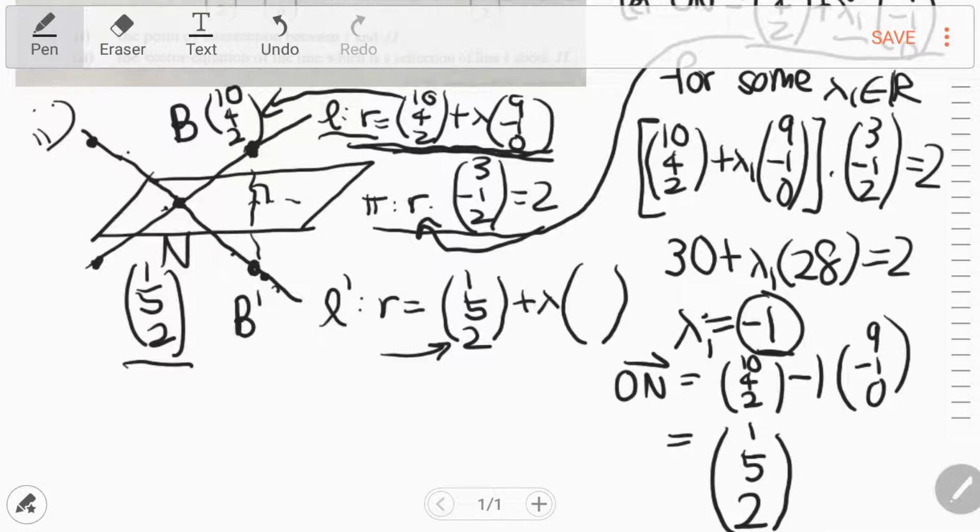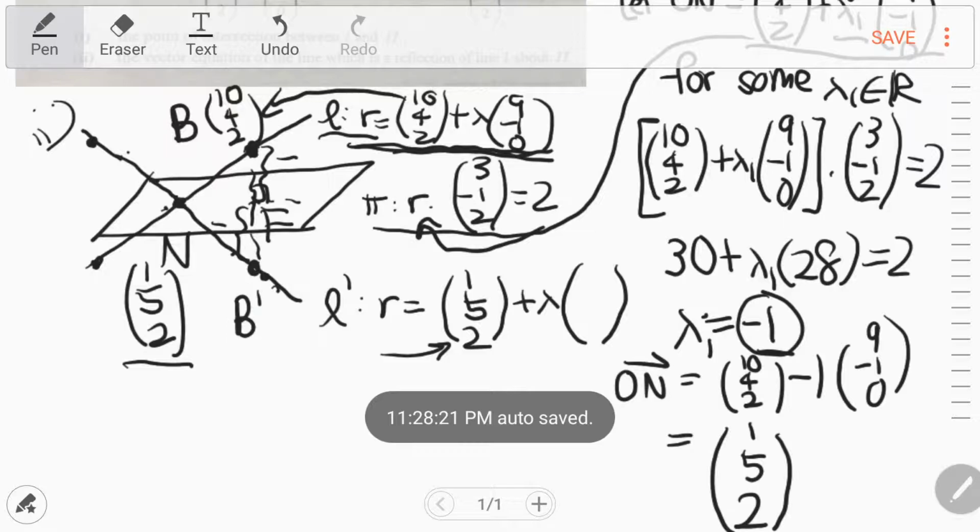Let's call this point the foot of perpendicular of B to the plane, F. We try to find OF first before using the midpoint theorem, since BF and FB prime have a ratio of 1:1, to find my B prime.